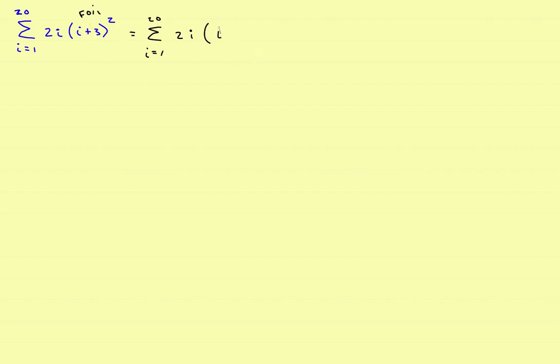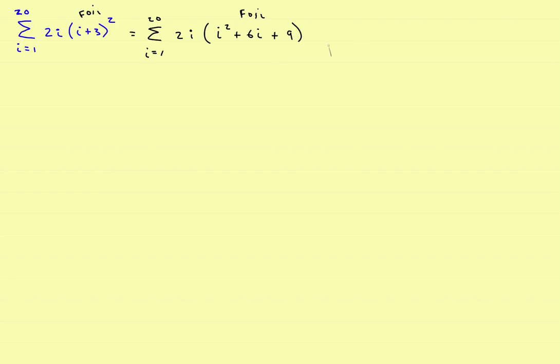So this will turn into I squared plus 6I, because you have I times 3 plus 3 times I, plus the last term squared, which would be 9. So the first thing you do there is to FOIL that out.